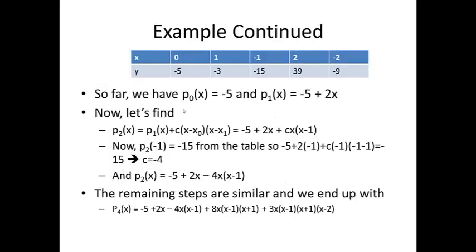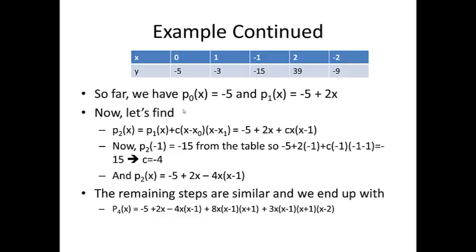So far we have that p0 of x is minus 5 and p1 of x is minus 5 plus 2x. Find p2, and p2 of x is p1 of x plus c times x minus x0 times x minus x1, and we get minus 5 plus 2x for p1 of x, plus c times x times x minus 1, because again x0 is 0 and x1 is 1.